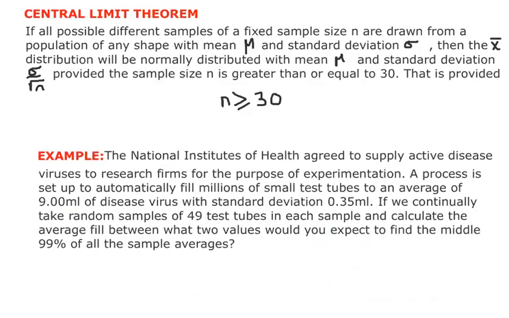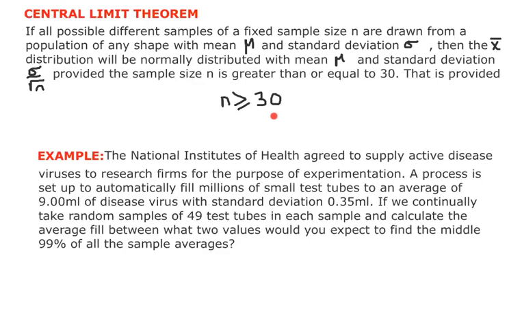Now let's give our central limit theorem. The central limit theorem says that if all possible different samples of a fixed sample size n are drawn from a population of any shape with mean mu and standard deviation sigma, then the x bar distribution will be normally distributed with mean mu and standard deviation sigma over square root of n, provided the sample size n is greater than or equal to 30.